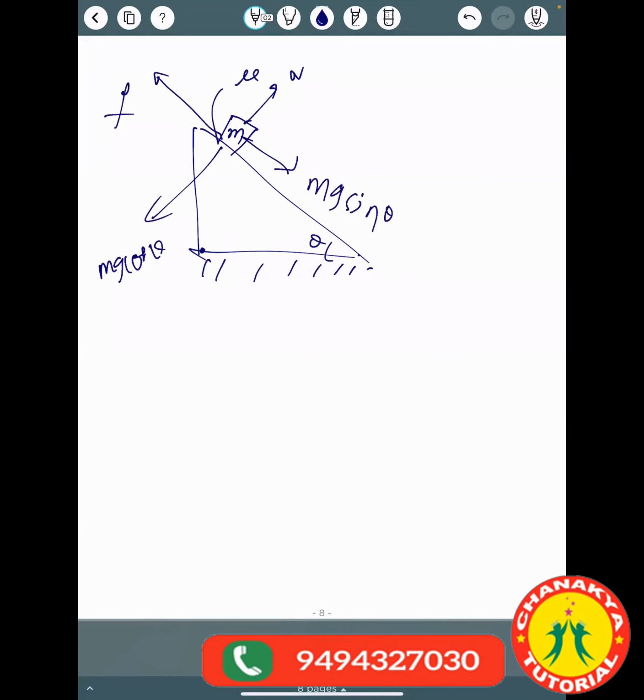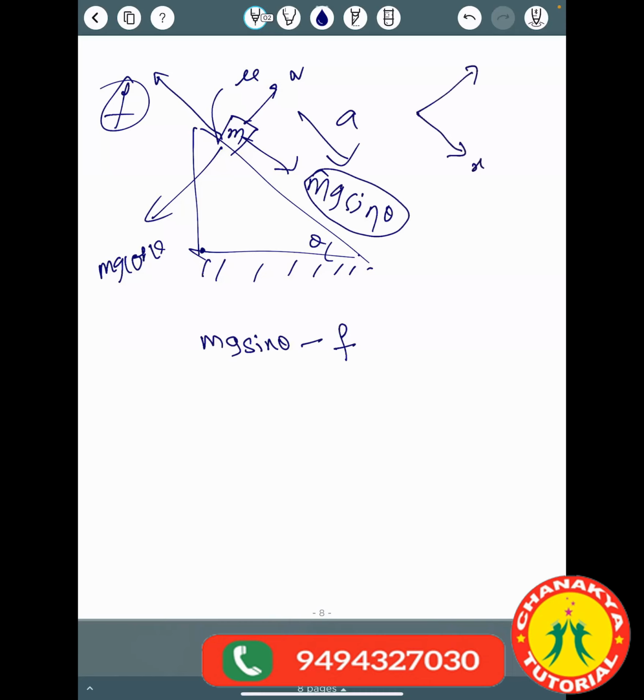So if the block is moving down, its acceleration will be a. What is its net force? This force is trying to pull it down, and friction is opposing it. So the net force will be mg sin theta minus f. Because this is my x and this is my y, in the y direction all the forces are balanced, normal and mg cos theta.